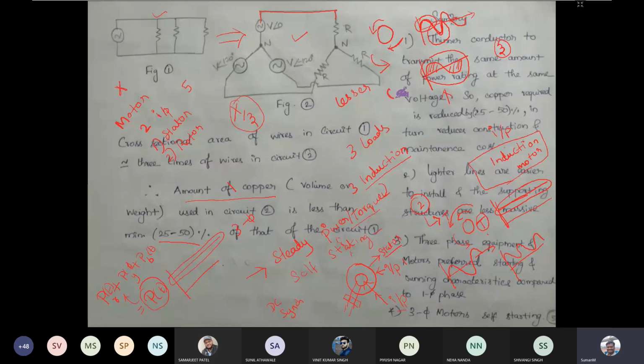That torque makes the rotor rotate in only one direction, clockwise or anti-clockwise, but always the same direction. So it produces a steady torque, whereas single phase does not produce a steady torque.